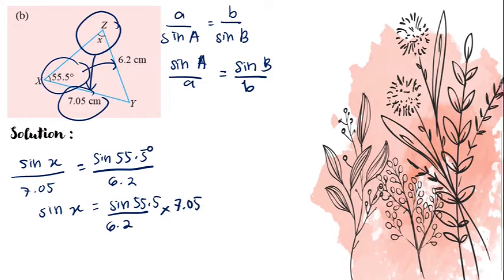Pressing the calculator, you will get sine x is equal to 0.9371. You are not done yet, since you only have the value of sine x, not the size of angle x.